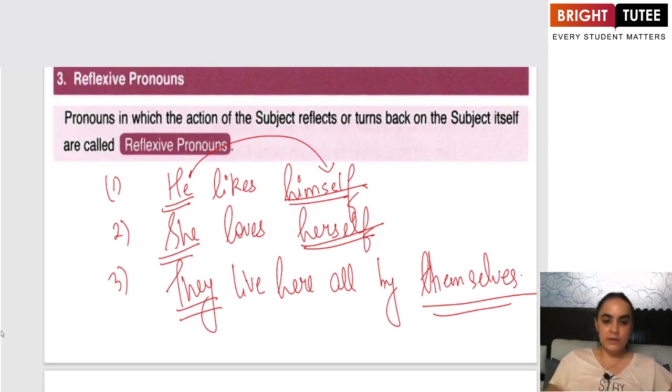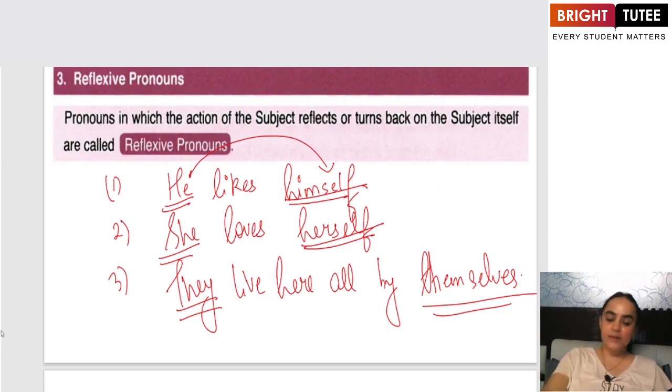So basically, reflexive pronouns are those pronouns in which the subject or the action of the subject comes back to itself at the end of it. So he gets back himself, she gets back herself, they get back themselves, we get back ourselves, it gets back itself, and so on and so forth.